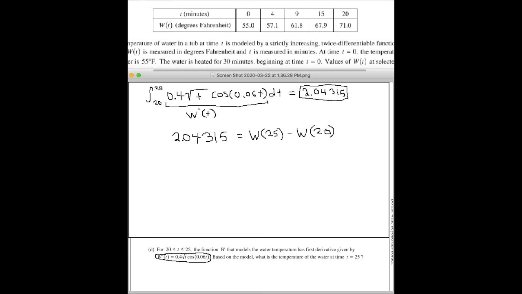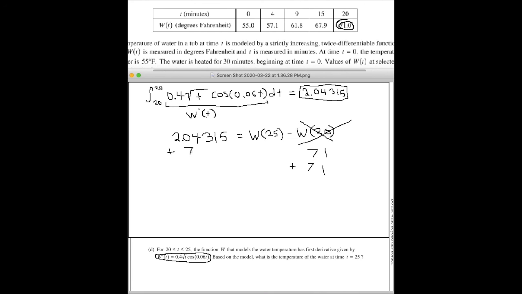Now, it seems like we have two unknowns, and that doesn't necessarily help us, but we already have the value of W(20), which turns our problem into a basic algebra question. We know that W(20) is 71. So instead of that, we're going to write 71. So now I have 2.04315 equals W(25) minus 71. All that leaves me to do is add 71 to both sides.